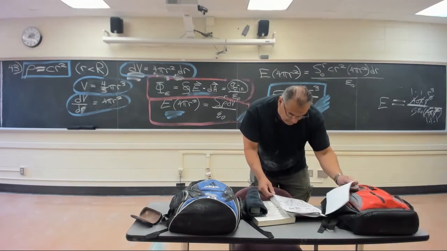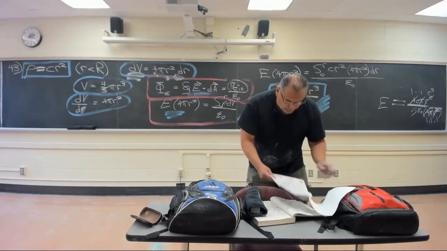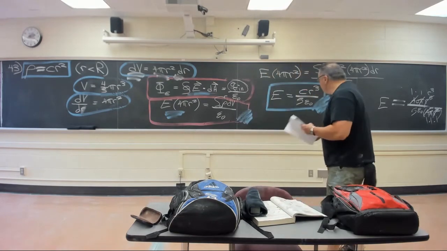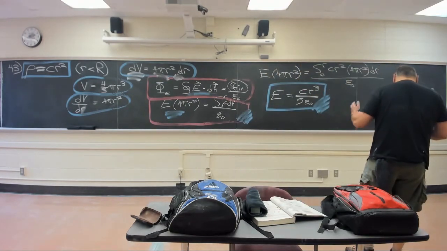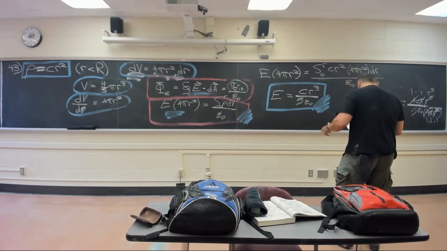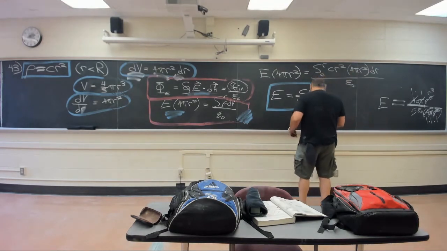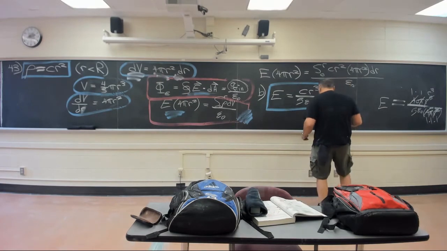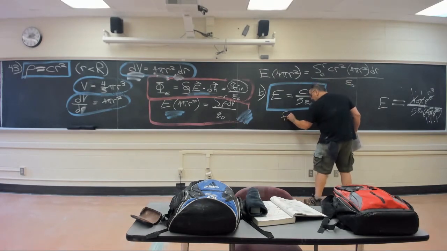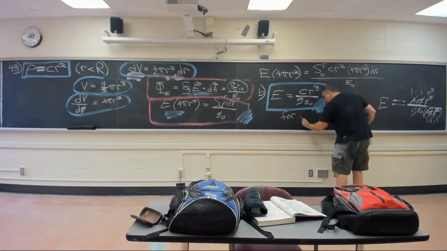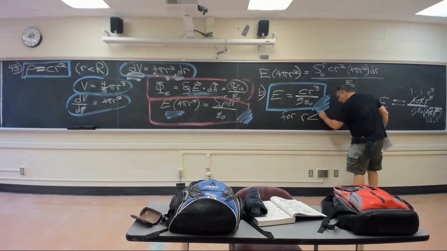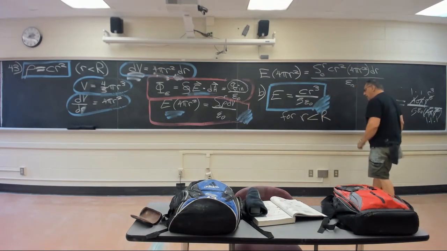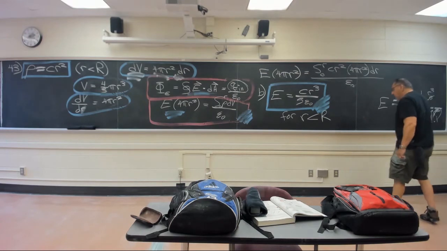Let's see what we got. Yeah, it's true. That is true for, now I kind of worked it somewhat in reverse order here, guys. This is B, for when small r is less than capital R. That's absolutely true.